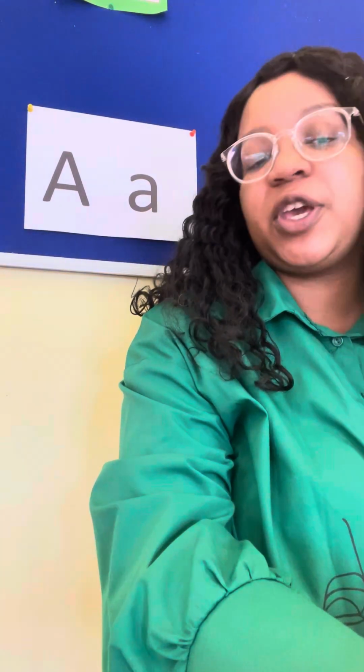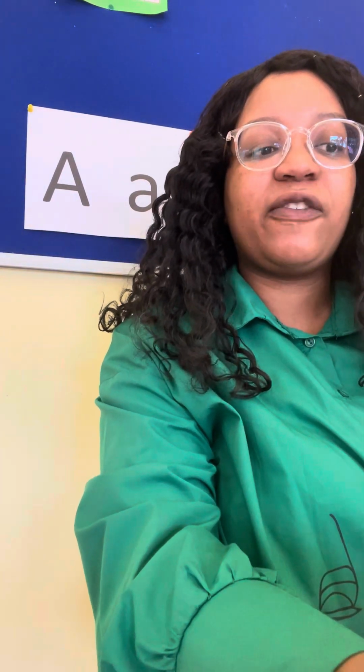Since now we know our letter A and we know how to pronounce it, and now we also know how to write letter A, we are going to do activities and play around with pictures to find out if we have learned and we are able to pick letter A in between so many letters in between words.